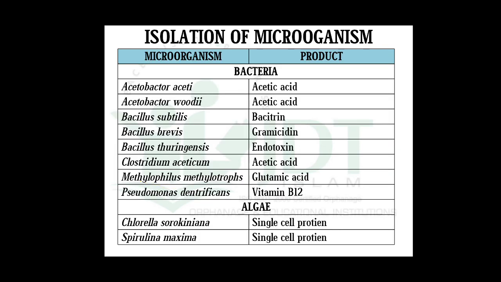Now, what are the different microorganisms and the desired products which can be obtained? For example, from bacteria, Acetobacter aceti, that is the microorganism. By using that microorganism, we can produce acetic acid by the fermentation process. Then Acetobacter woodii, again acetic acid can be produced.